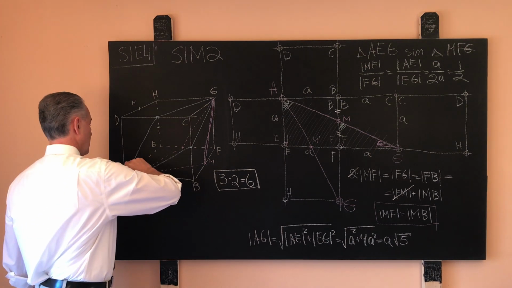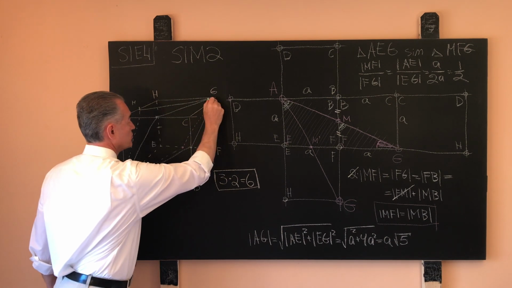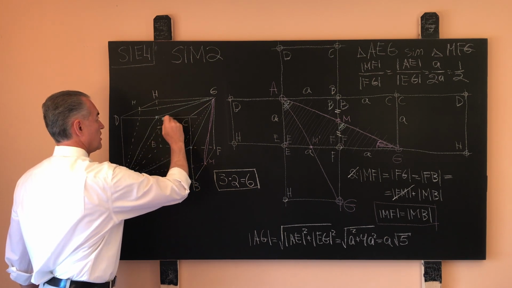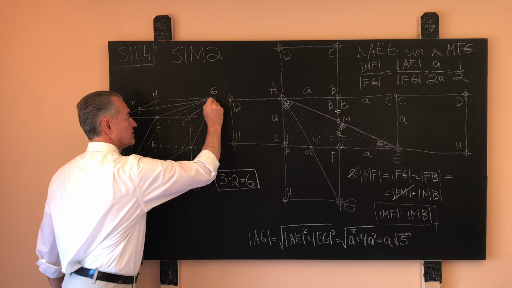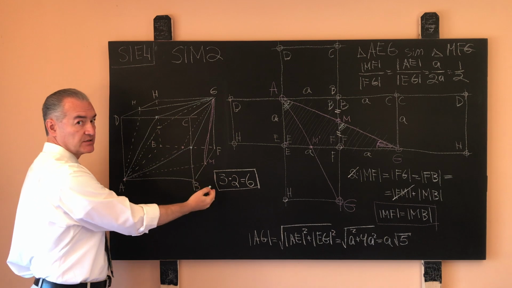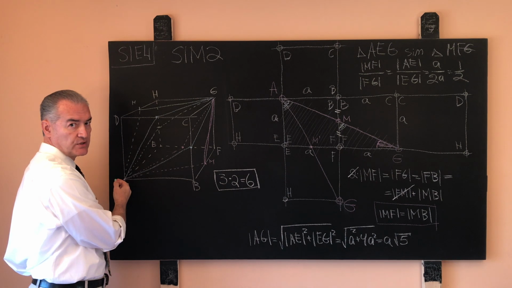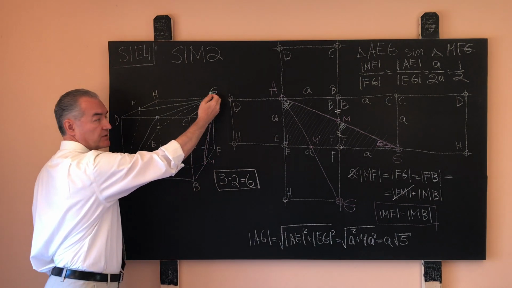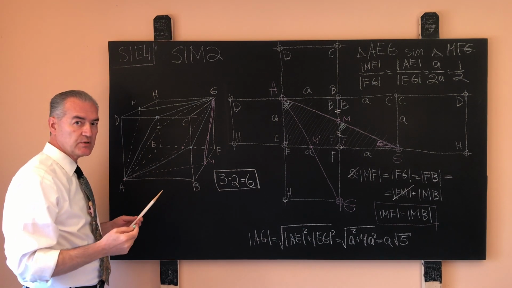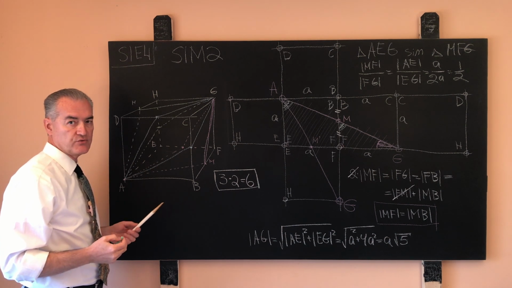So he will crawl up from A to here, then over the top this way, and then he will crawl over the left face of the cube and through the back face like so. So this gives us 6 distinct shortest paths from one vertex of a cube to the diametrically opposite vertex of a cube. Now that we understand the arithmetic behind our solution, let us take a brief look at the properties of these solutions.